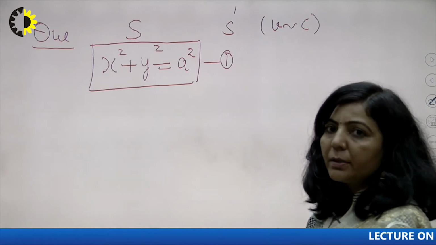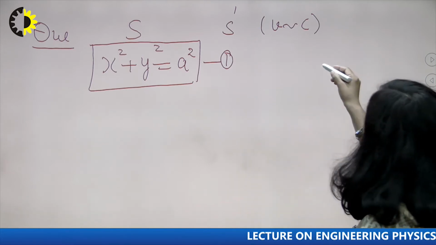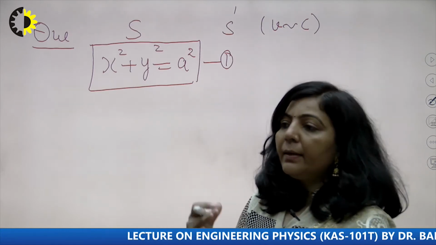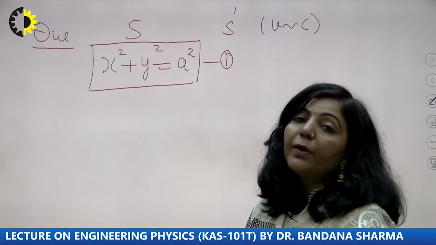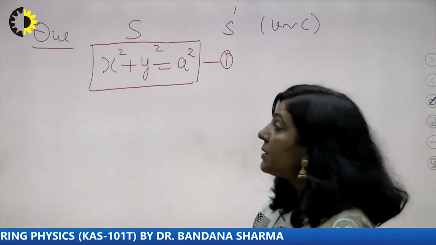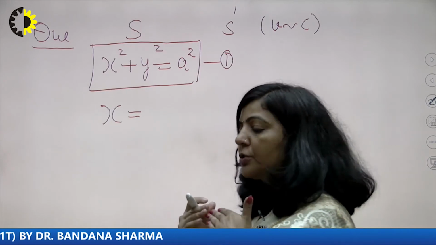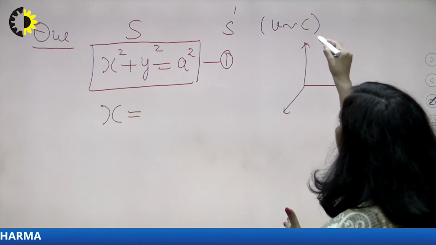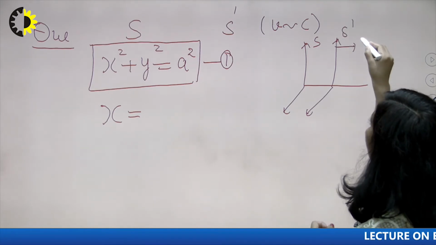That is your circle. Now you know, according to the concept of length contraction, when an object is moving, the length of that moving object gets contracted by a factor of root 1 minus v square upon c square. Suppose S is at rest, and S dash is moving along the positive direction of the x-axis.